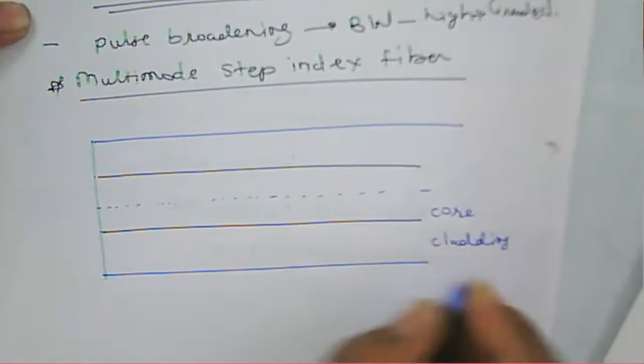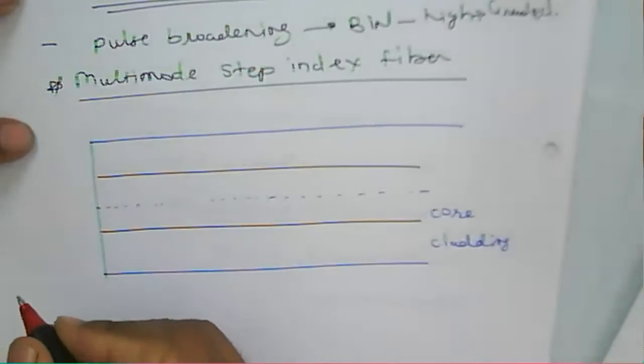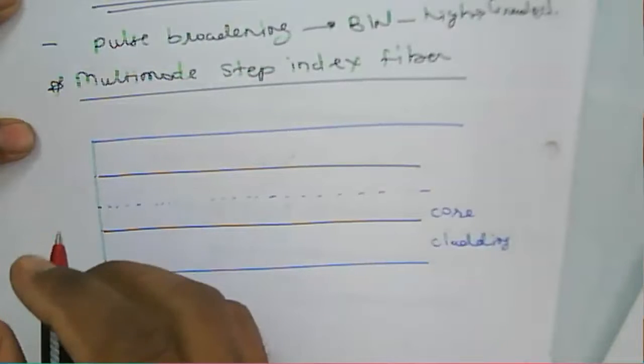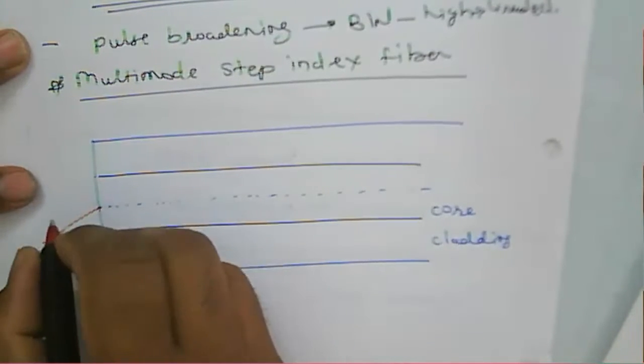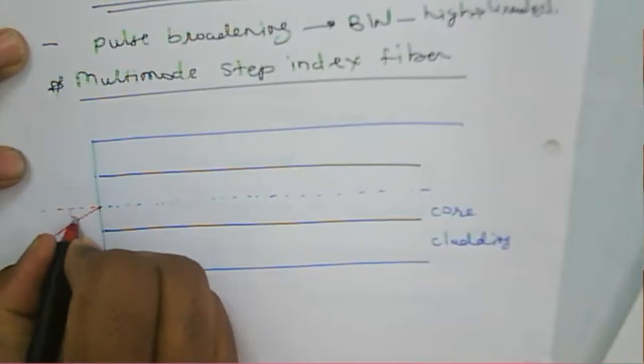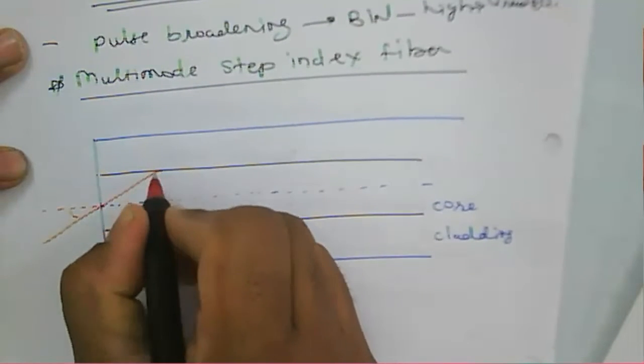We can see that rays are propagating through the fiber, and those rays make an angle with respect to the core and cladding boundary that is greater than the critical angle.